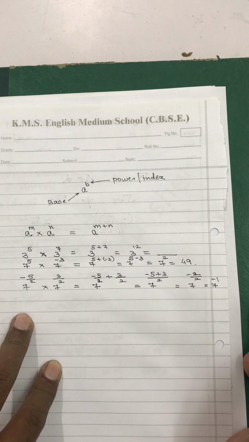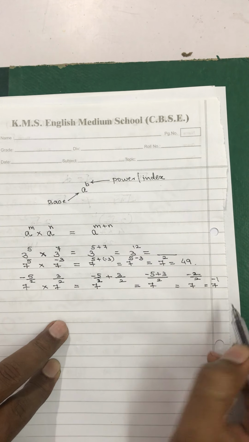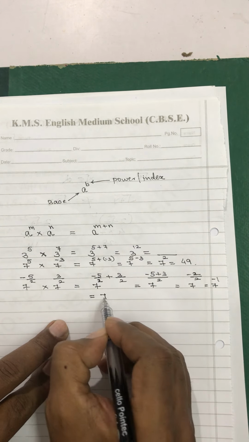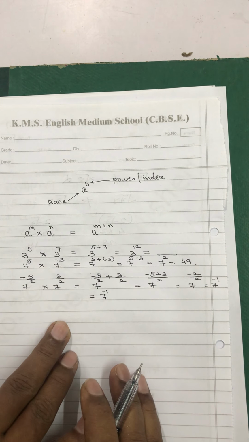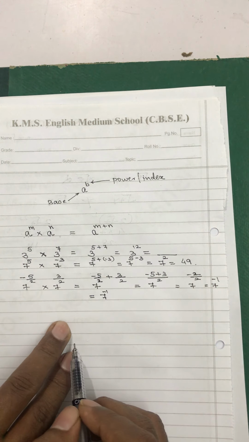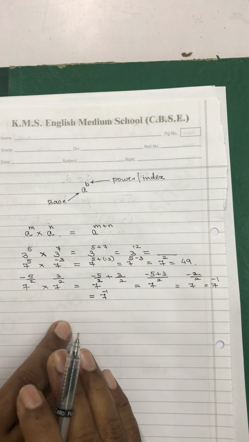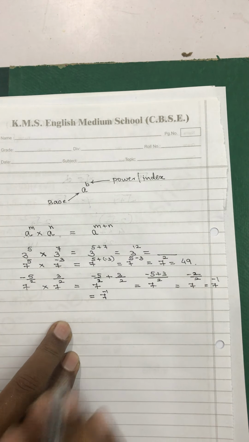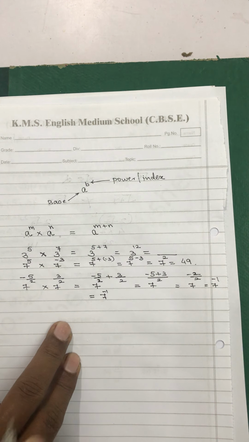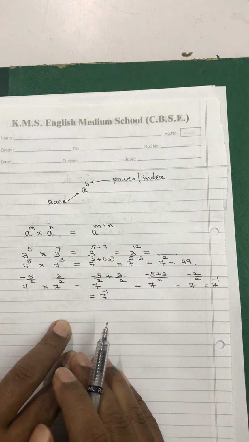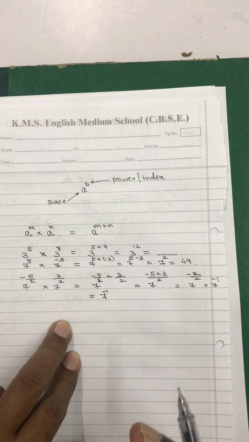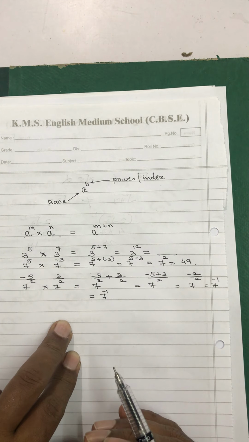Basically, I can finish that other rule now only. See, now what you have got is 7 raised to the power of minus 4. Usually, you don't have to write the index in the form of minus, negative. If you want to change the sign of the index, then you have to change the place of the base.